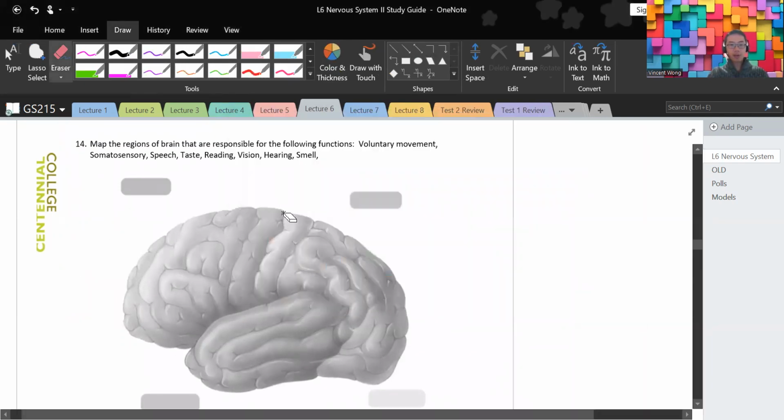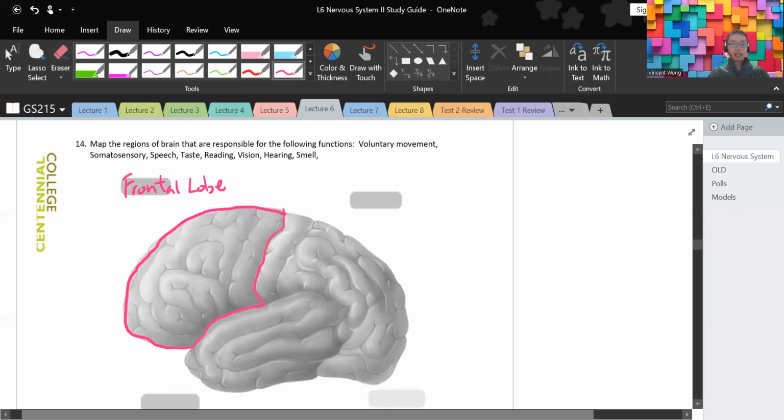So this is the front, this is the back, and right here there's a line that divides the front and the back. And this part that I'm outlining right here, that is the frontal lobe.